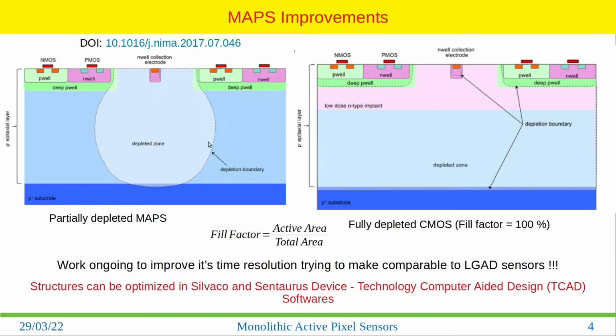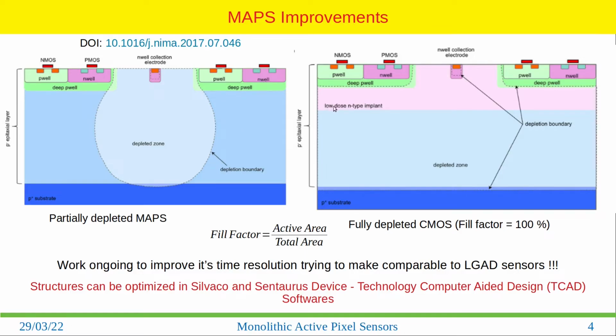Further, there is an improvement in this technology. You can see here we have only n-type in this region. Now if you want to have a larger depletion region, then you have to add n doping. That will create the depletion region in this region also. That is what is optimized in the software.